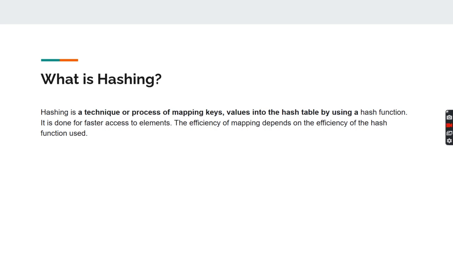This is mainly done for faster access to the elements, and the efficiency depends on how the hash function is implemented in the program. So this is what hashing does.